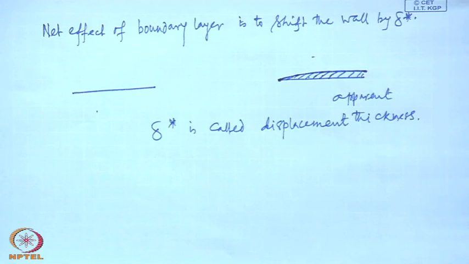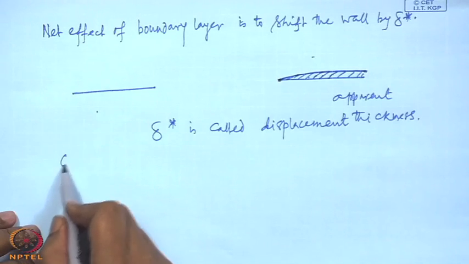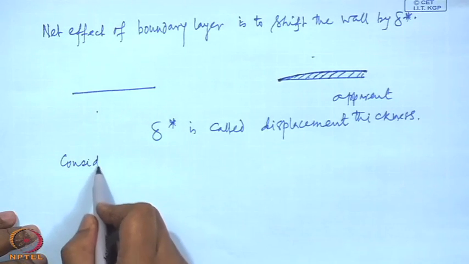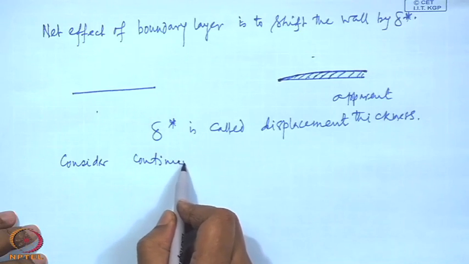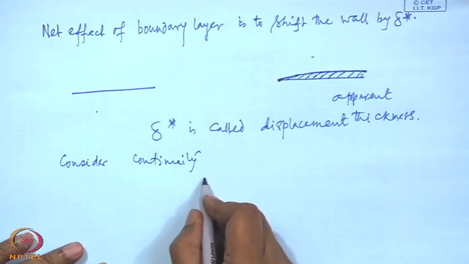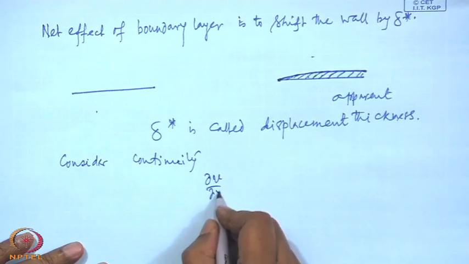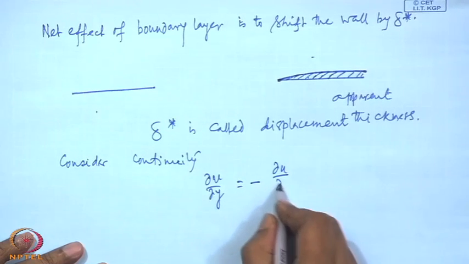Look at it in another way. Consider the continuity equation. We have dv/dy equal to minus du/dx.